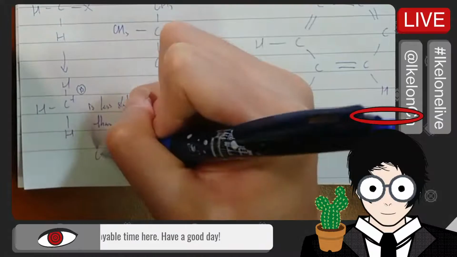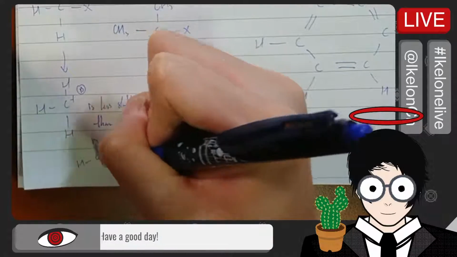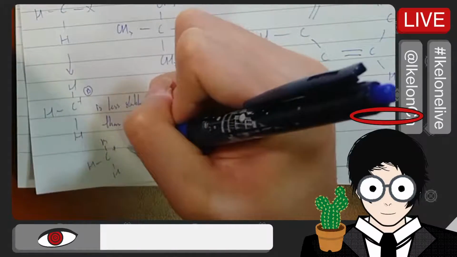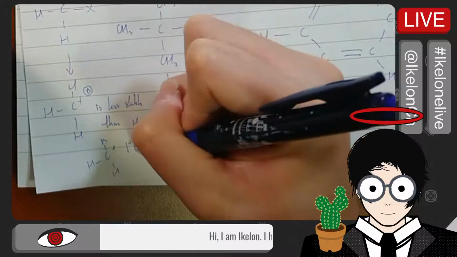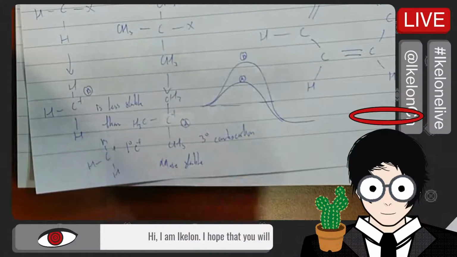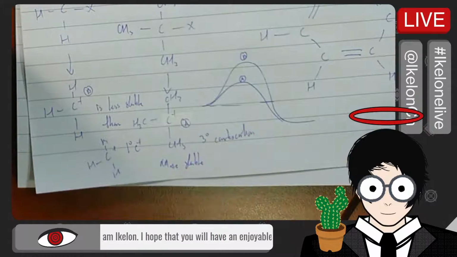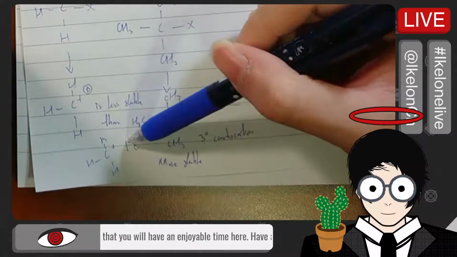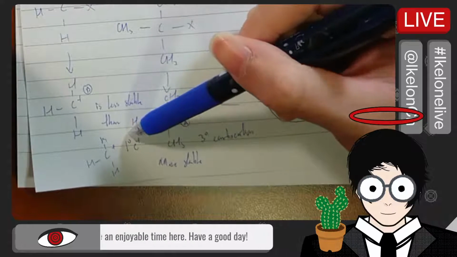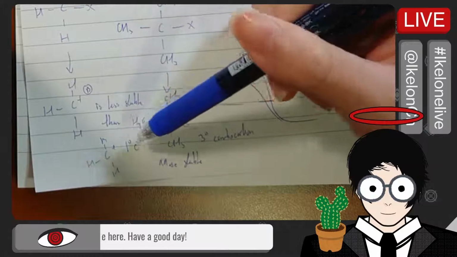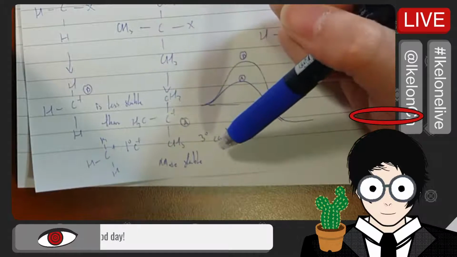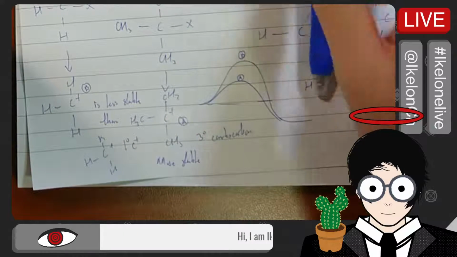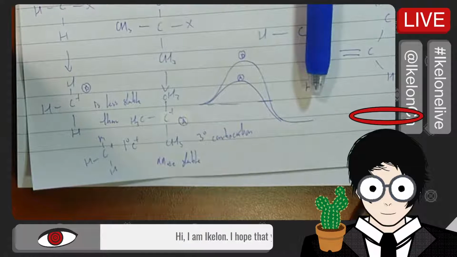But if it has something like this, this would be a primary carbocation. And if it has 2 R groups, it would be a secondary carbocation. We can write this in short form as 1 degree, 3 degree, but note that this is called primary and this is called tertiary. You don't call it a 3-degree carbocation.